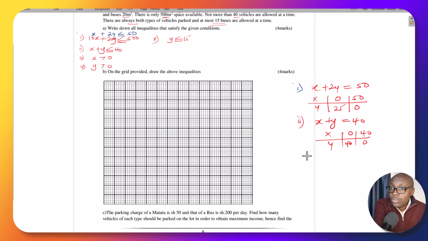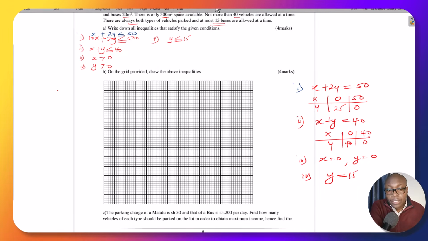The other lines that we need to draw are x equals 0 and y equals 0, which are the y-axis and the x-axis. And then we have the other one, y equals 15. We need to draw that one as well.